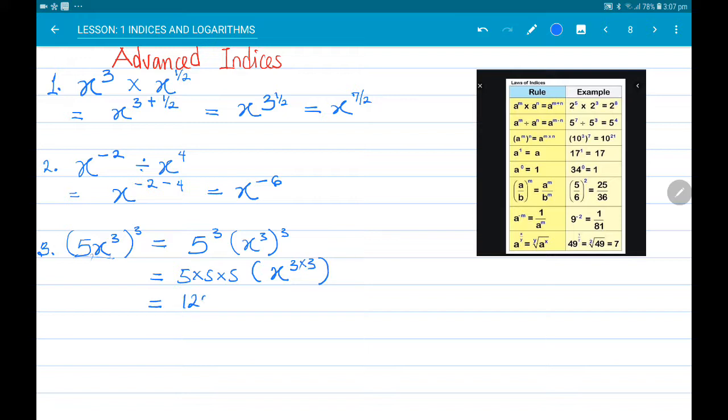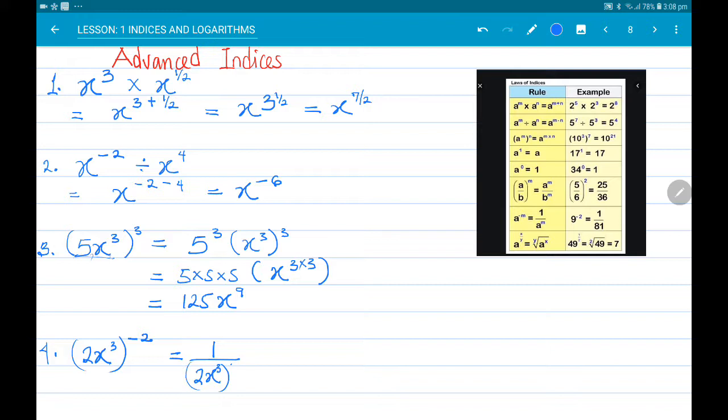That's why you're going to be having 5 raised to the power of 3, bracket x cubed raised to the power of 3, and this will give us 5 times 5 times 5, and x raised to the power of 3 times 3. Final answer will be 125x to the power of 9.